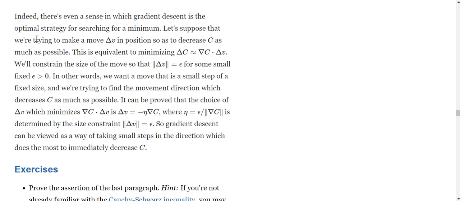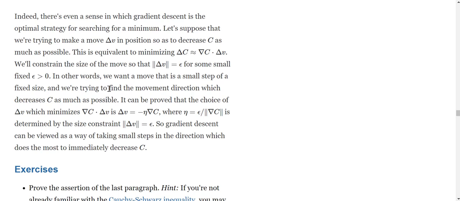Let us suppose that we're trying to make a move delta v in the position so as to decrease c as much as possible. This is equivalent to minimizing this expression. We'll constrain the size of the move so that the norm of delta v is equal to epsilon for some small fixed epsilon greater than 0. In other words, we want to make a small step of fixed size, and we're trying to find the movement direction which decreases c as much as possible.